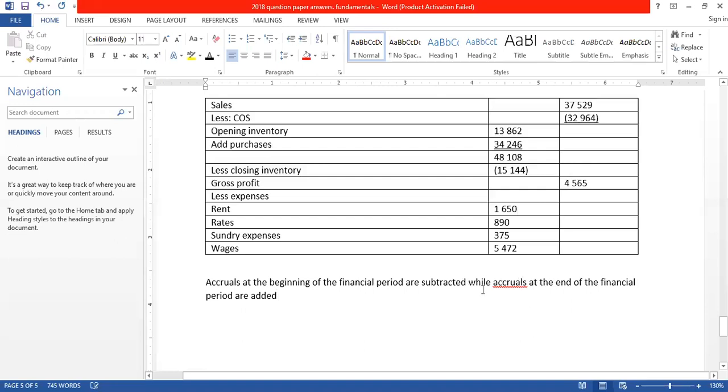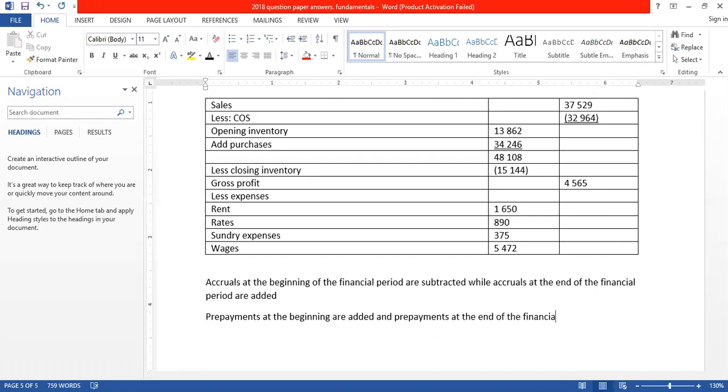And then we move on to prepayments. Prepayments at the beginning are added, and prepayments at the end of the financial period are subtracted.